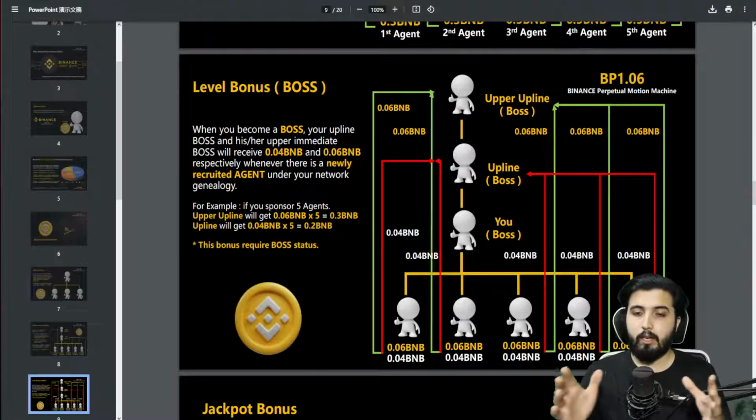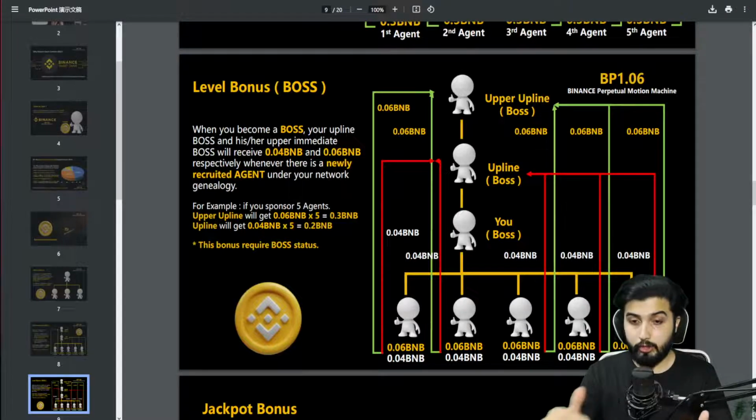For example, if you sponsor 5 agents, the upper upline will get 0.06 BNB multiplied by 5, which is 0.3 BNB, and the upline will get 0.04 BNB multiplied by 5, which is equal to 0.2 BNB. This bonus requires boss status, and this happens for you if you make yourself an upper upline boss or an upline boss. So you can get this level bonus also.